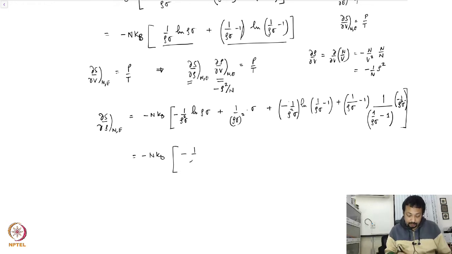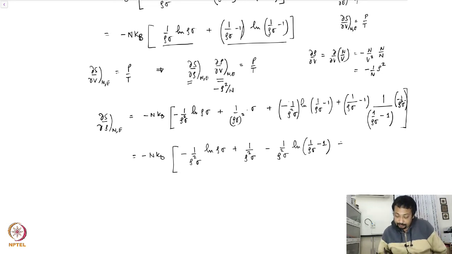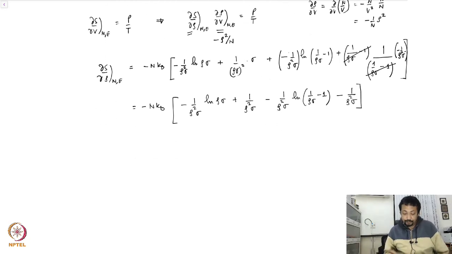This is minus rho square times sigma ln rho times sigma plus 1 over rho square sigma minus 1 over rho square sigma ln of 1 by rho sigma minus 1, and then I will have plus again a minus sign here, because this is going to cancel with this. I am going to have minus 1 over rho square sigma, so that I have minus nkb.